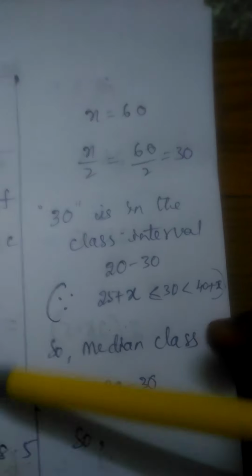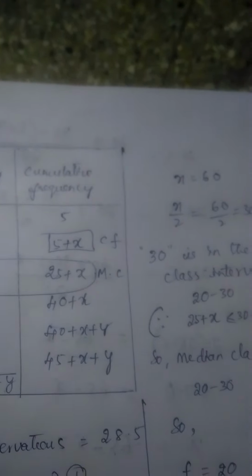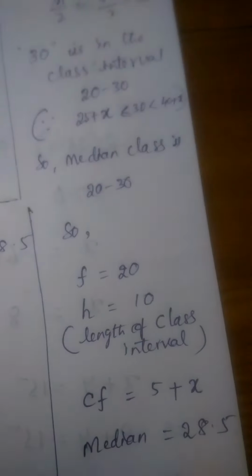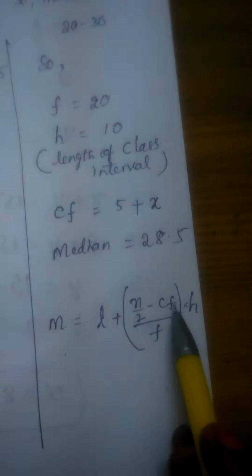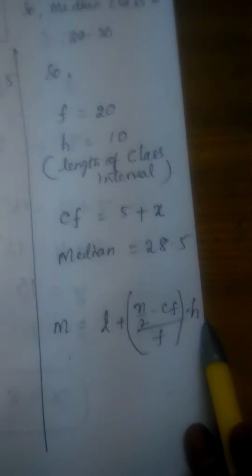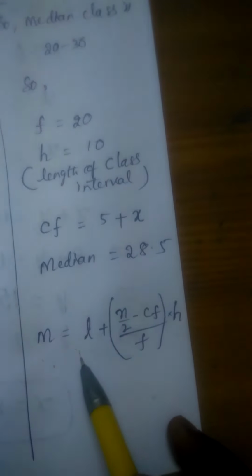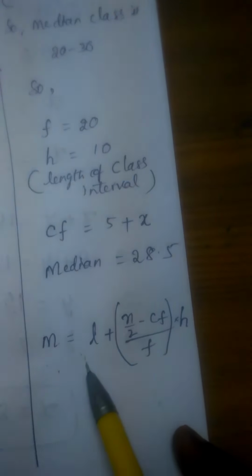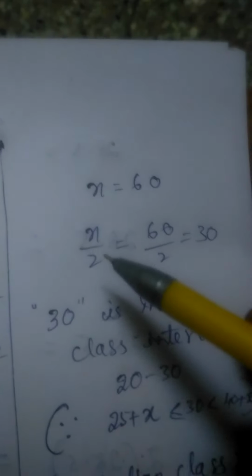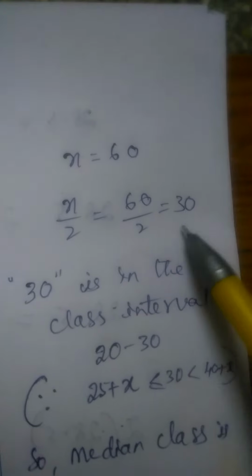We already did that. Now the formula of the median: M equal to L plus n by 2 minus cf by f into h. Here L is the lower boundary of the median class. We have to find out the median class. Do n by 2. N by 2 equal to 60 by 2 equal to 30.